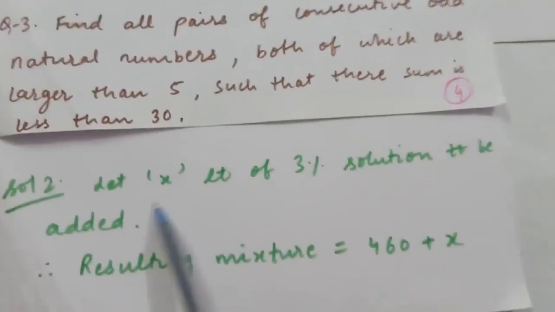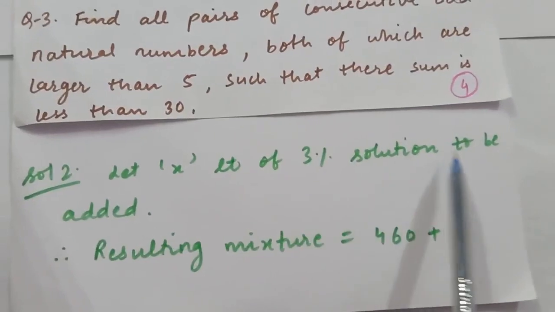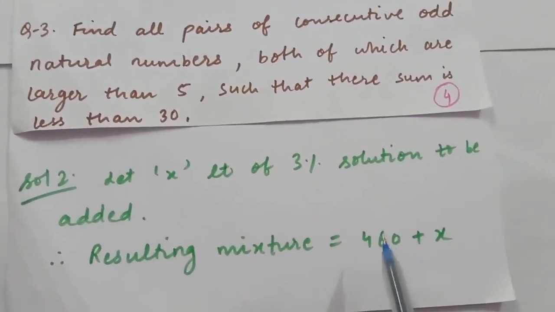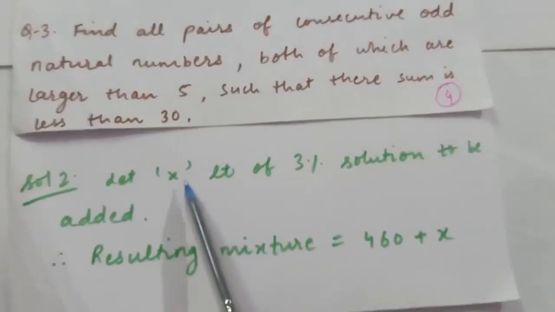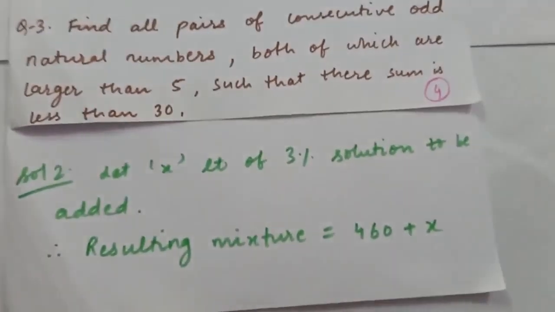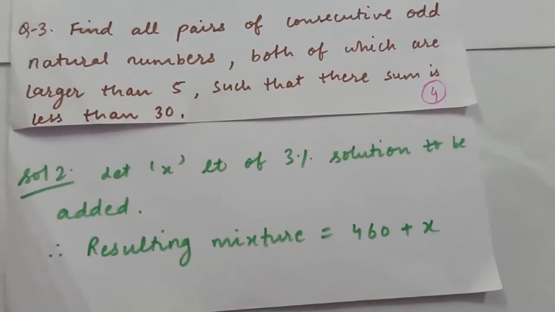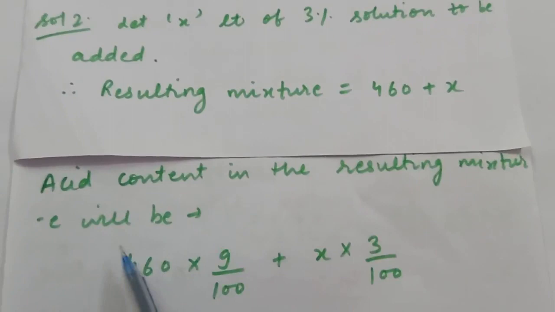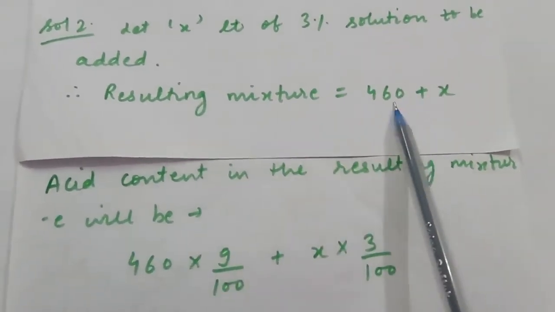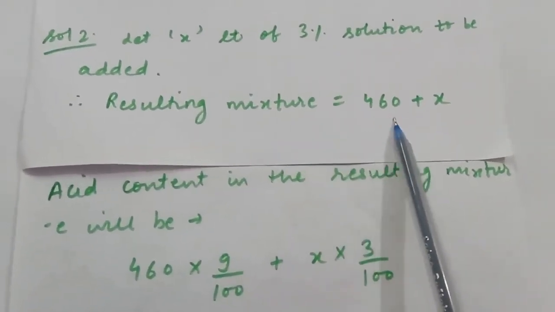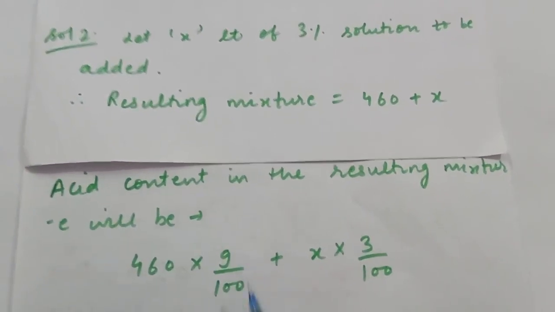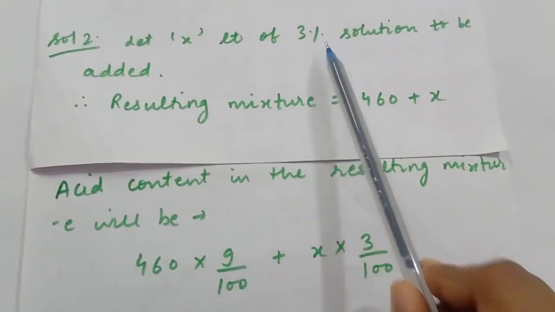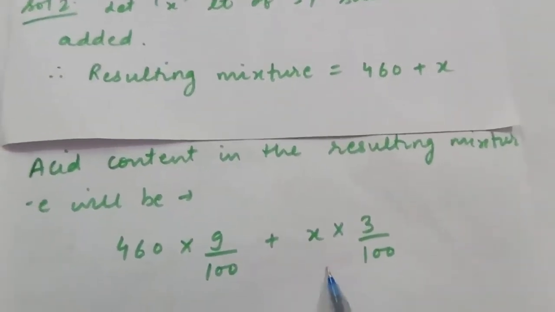So let x liters of 3% solution be added. The resulting mixture will be 460 plus x, since we have 460 already and we have added x. The acid content in the resulting mixture will be: 460 has 9% acid, so 460 × 9/100, plus x has 3% acid, so 3% of x.